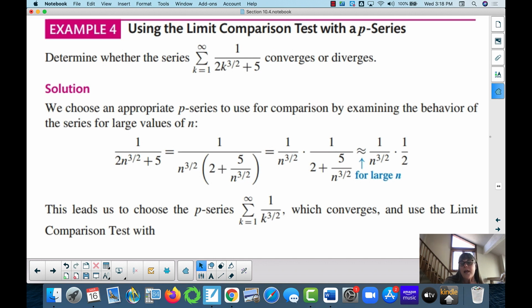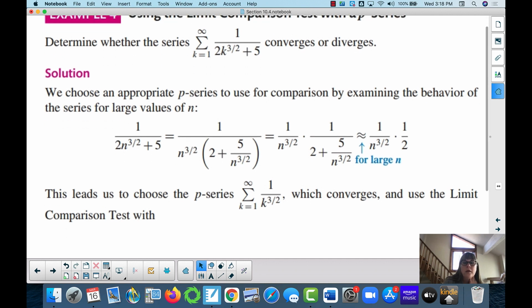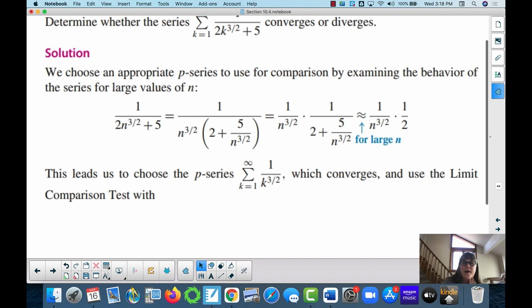And the limit as n approaches infinity for this piece right here is 0. So for very large n, we have this 1 over 3 n to the 3 halves times 1 over 2. This part goes away. And that gives us this p series here.